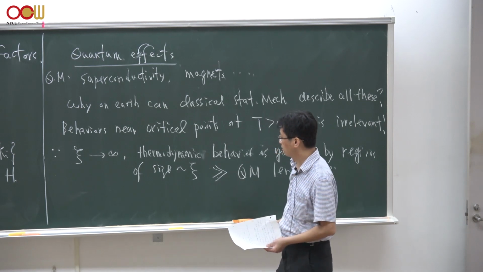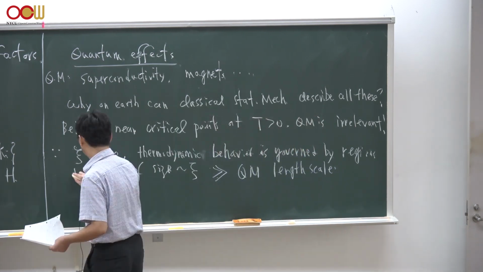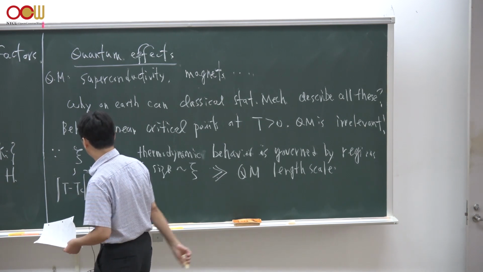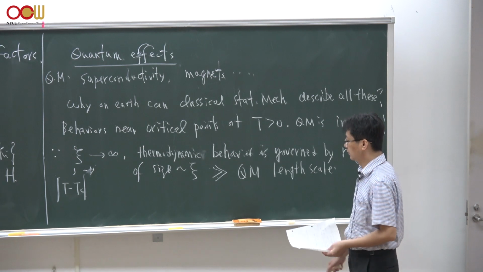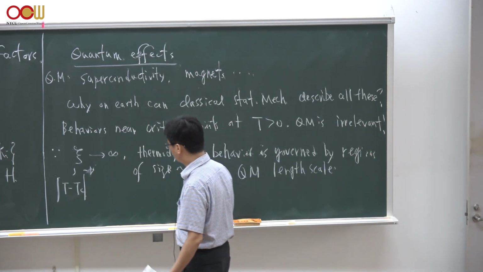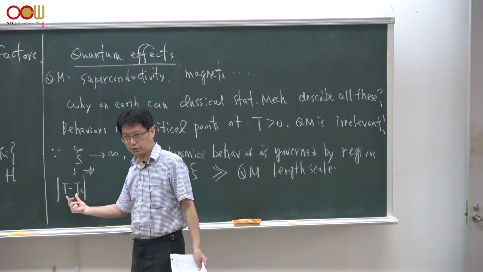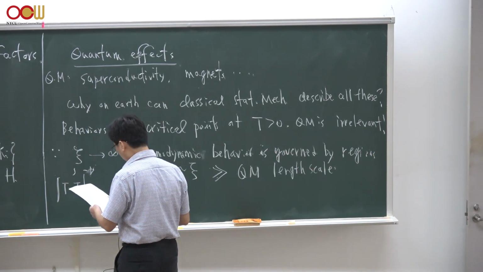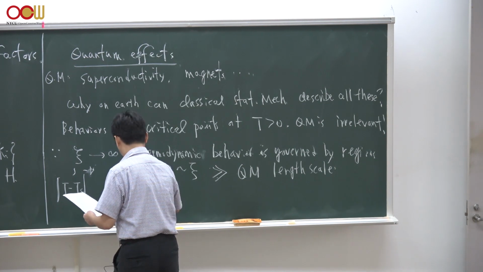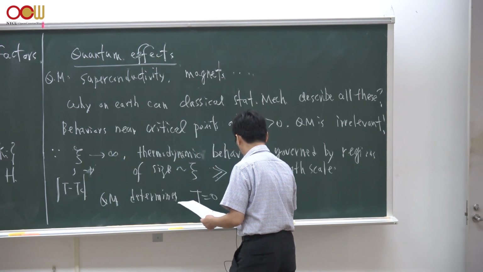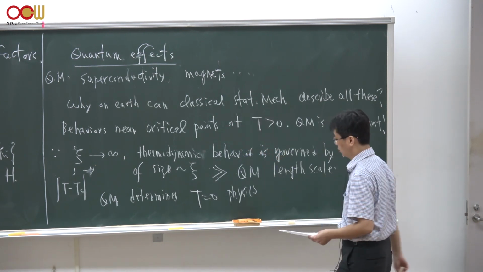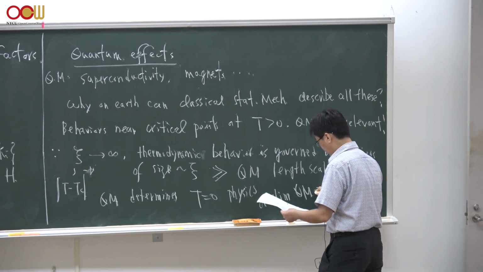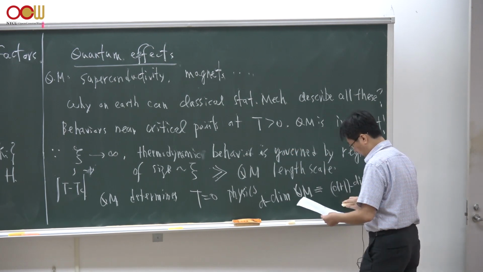And the fact that the correlation length diverges, remember, is proportional to the distance to the critical temperature to some power, and that is determined by how close the system is to the critical temperature. It has nothing to do with quantum mechanics. In other words, quantum mechanics does affect the zero-temperature properties, the T equals 0 physics, namely the ground state of the system. But usually a d-dimensional quantum mechanical problem is equivalent to a (d+1)-dimensional classical system.